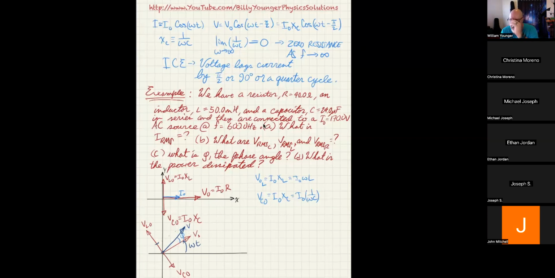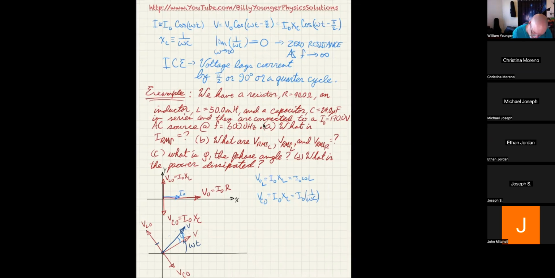In other words, the inductor is going to tend to pull the phasor diagram ahead of the current through the resistor, and the capacitor is going to tend to lag it behind. The net effect, assuming VL0 is larger than VC0, is that it's actually ahead by an angle phi. So that's really what's supposed to happen here.